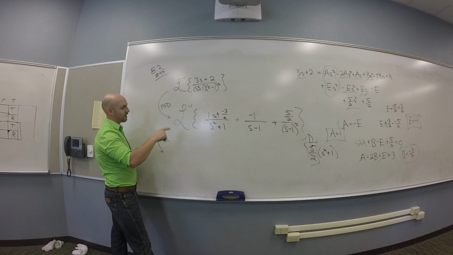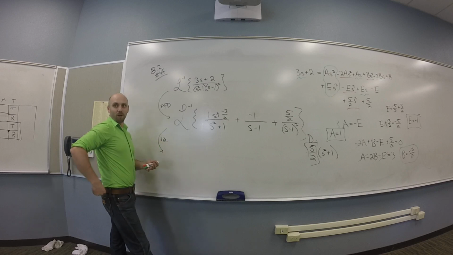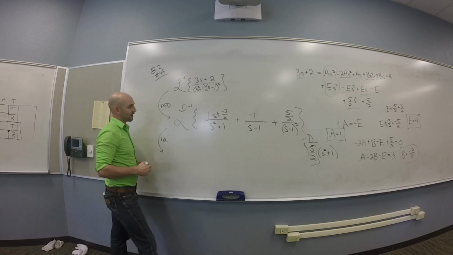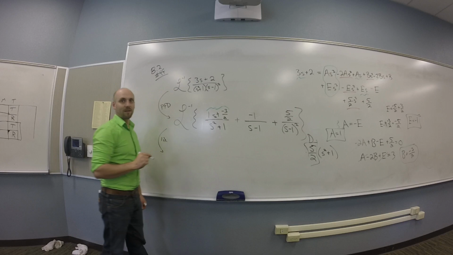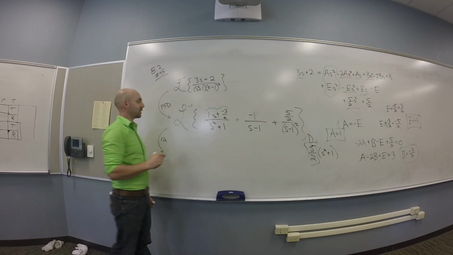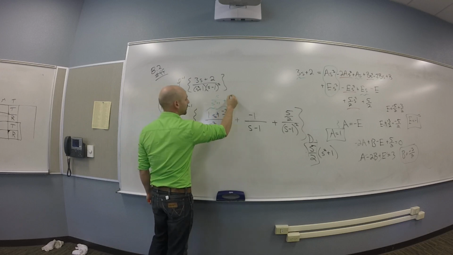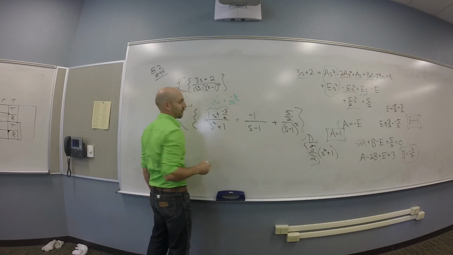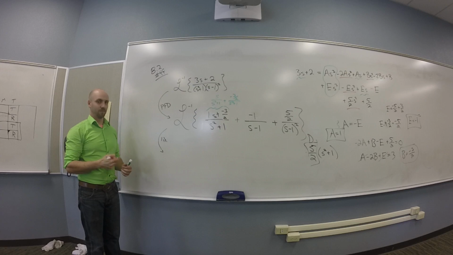And when you use linearity, I have one further thing before I use linearity. This part, right, I should really break up into its two things. So that's s over s squared plus 1 plus minus 3 halves over s squared plus 1. Cool.